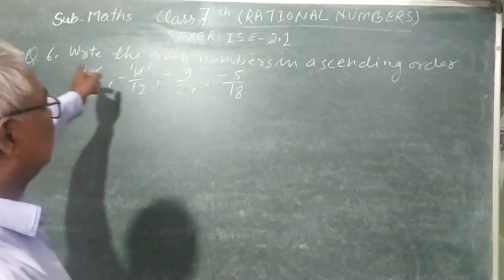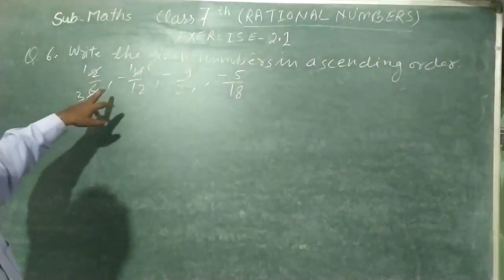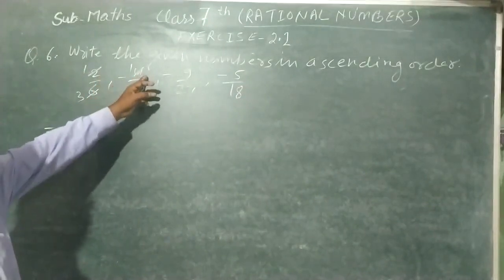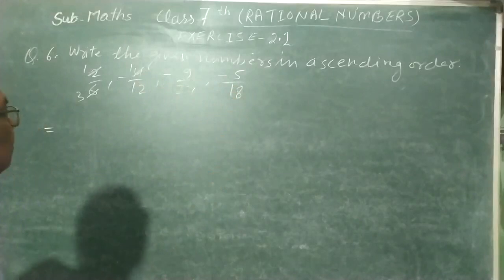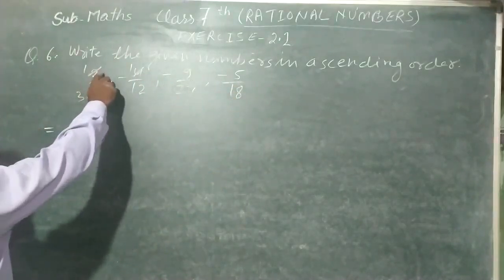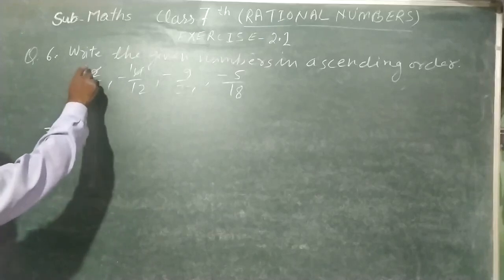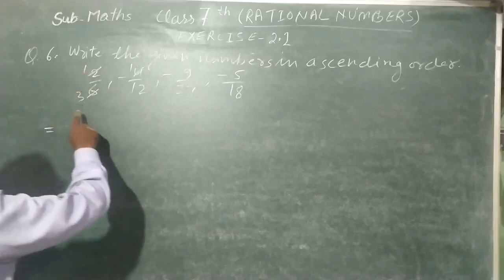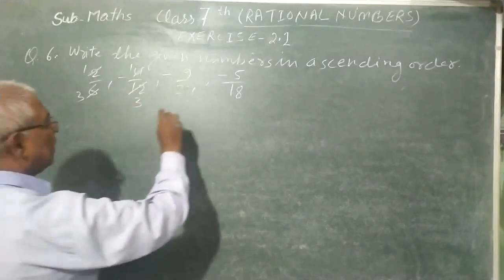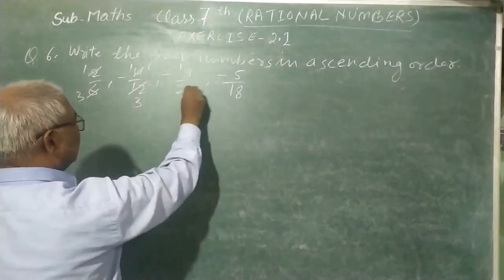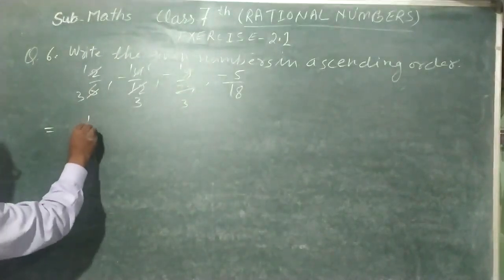Question number 6. Write the given numbers in ascending order. First of all 2/6 and minus 4/12, minus 9/27, minus 5/18. So first we will make them simple form. We will divide by 2. So 2 ones are 2, 2 threes are 6. Here 4 ones are 4 and 4 threes are 12. Here 9 ones are 9 and 9 threes are 27. So we can write here 1/3.